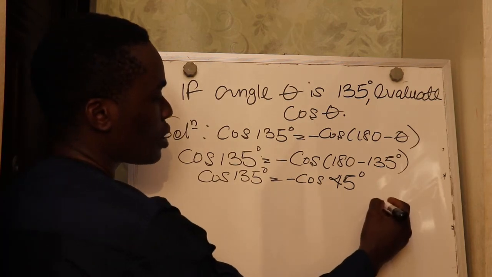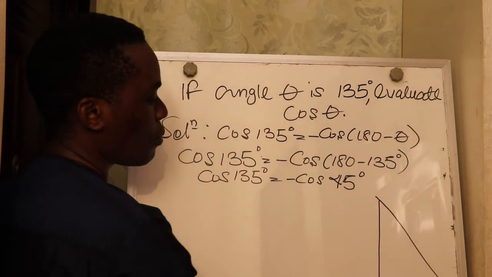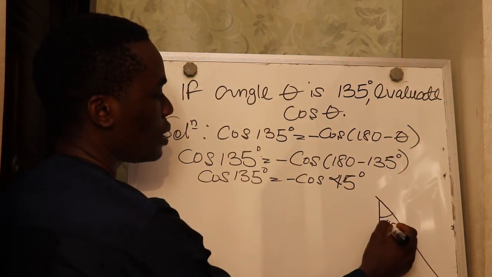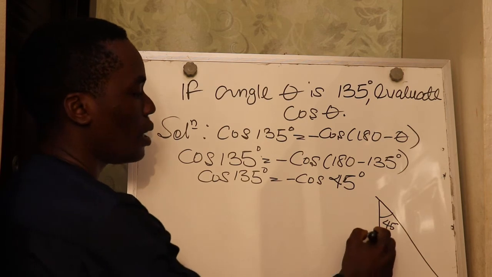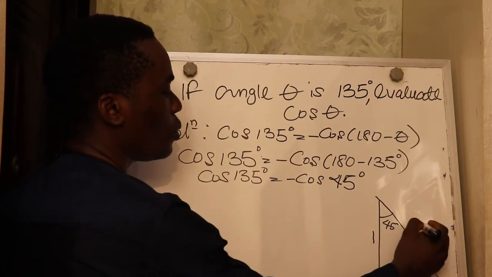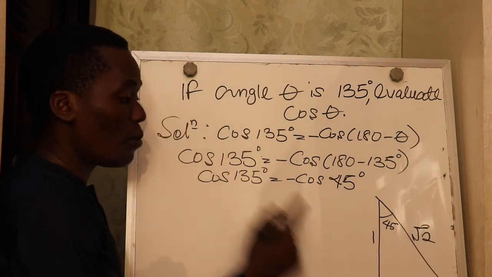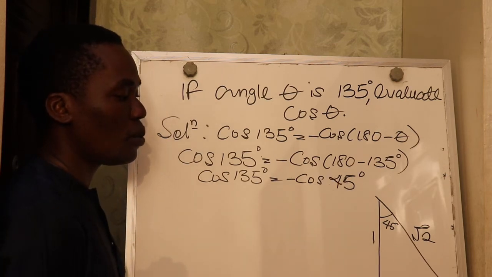Now we have the special angle for 45 degrees. This is 90. This will give us 45 degrees. I want you to have this angle at your fingertips so that you can use it anytime. I'll show you how to derive it in our full-blown video, and this will be what? Root 2.